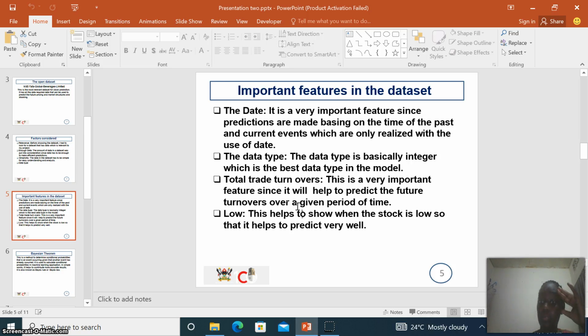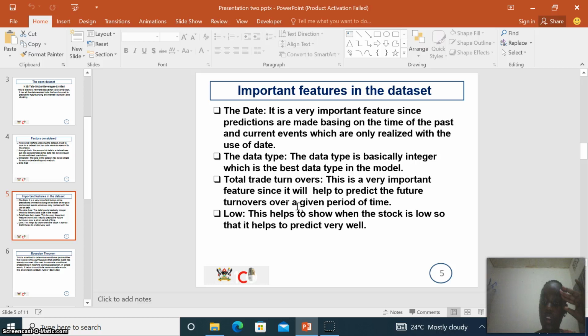Then the data type. The data set that I chose has exactly the same data type that will be relevant to my project. It has typically numerical, maybe call it integer, that I'll be using.